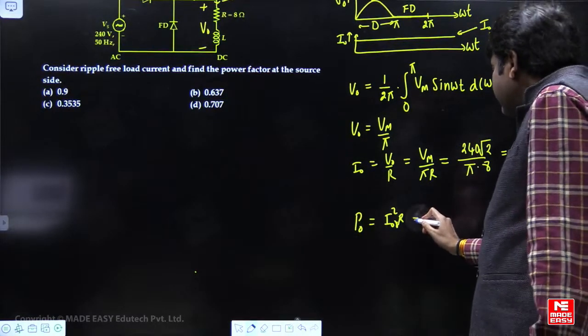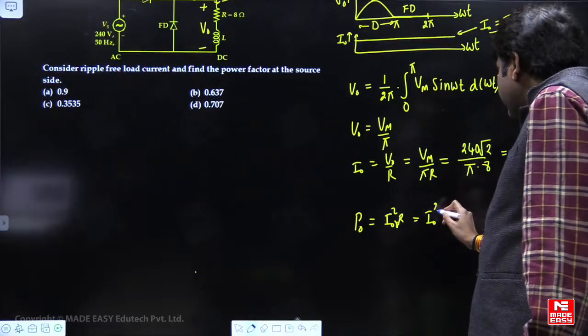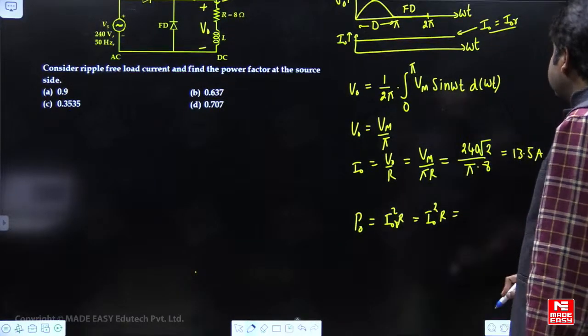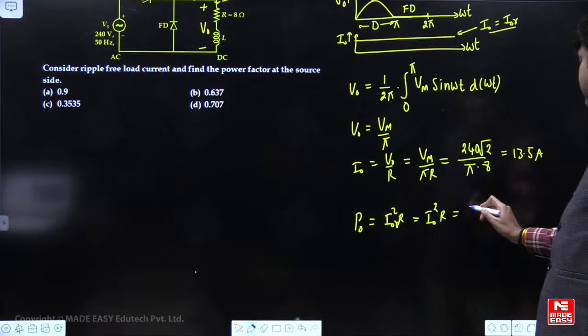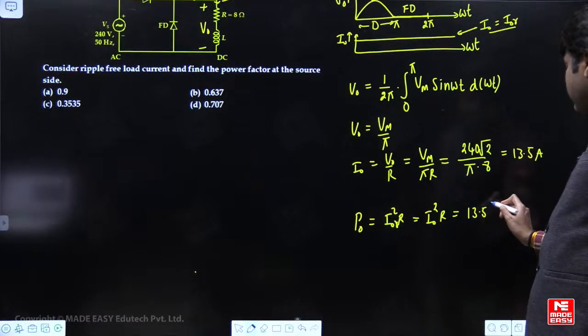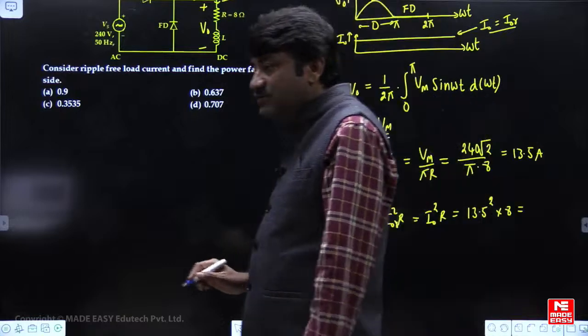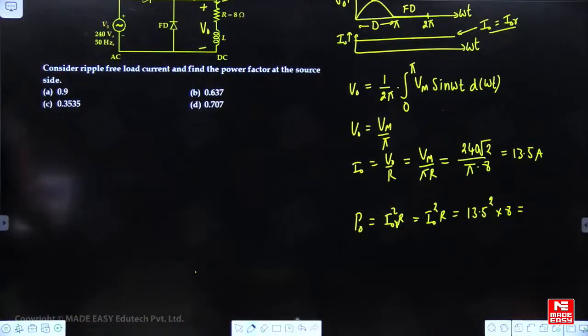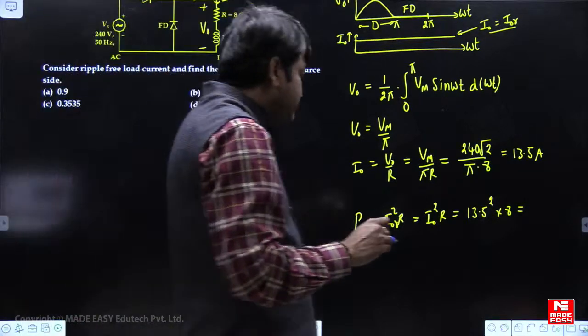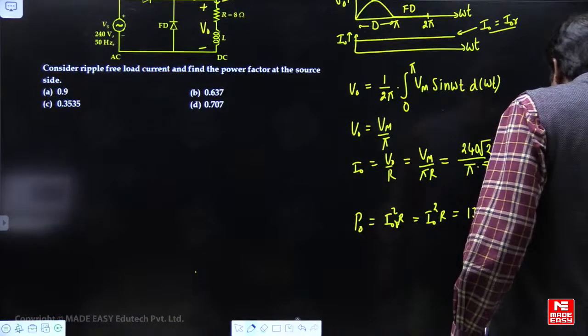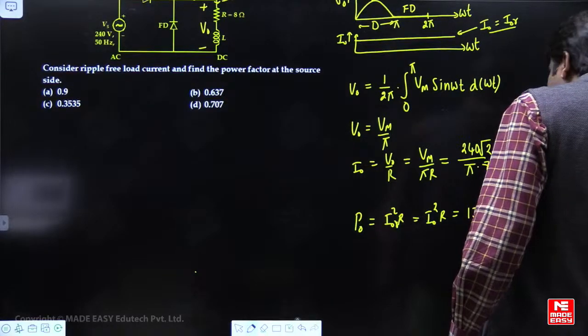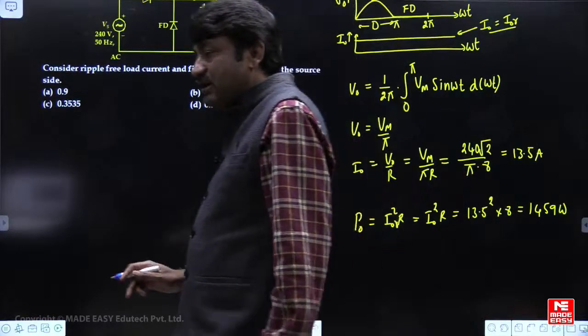So I can straight away write it as average current whole square into R. Average current is 13.5 whole square into 8. So what is the output power? You will get 1459 watts. Verify this one. Is it okay, all of you?